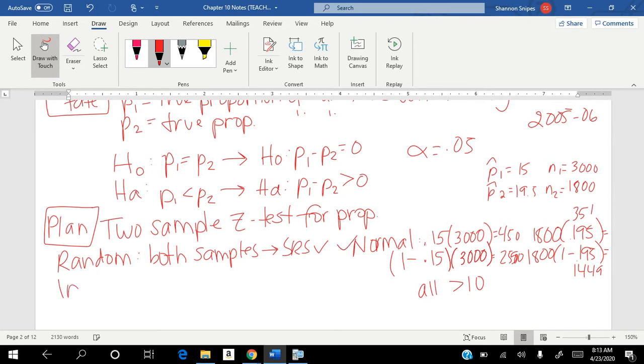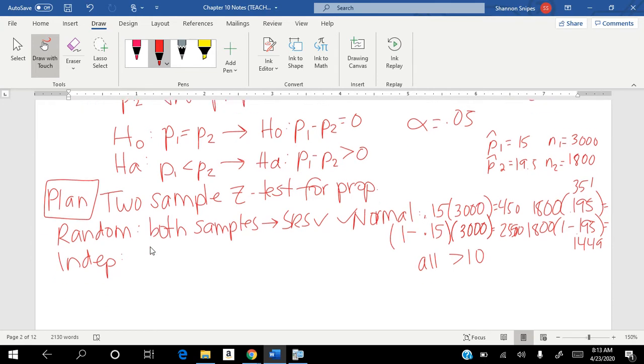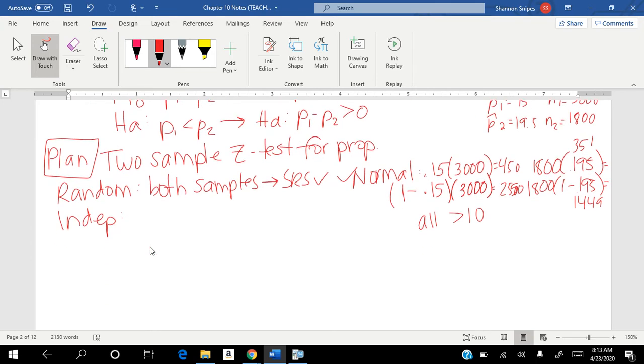So independence. We were sampling without replacement, so we do need to check our 10% condition. I had to look back at the numbers.